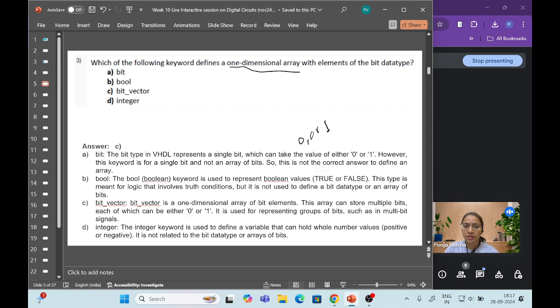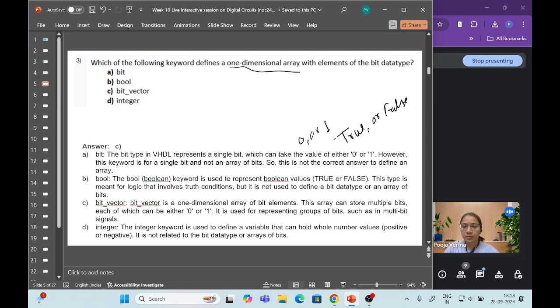And the next one is bool. In bool, the input or output is given as either a true or false statement only, right? This type is for logic that involves a truth condition, but it is not used to define a bit array. Okay.